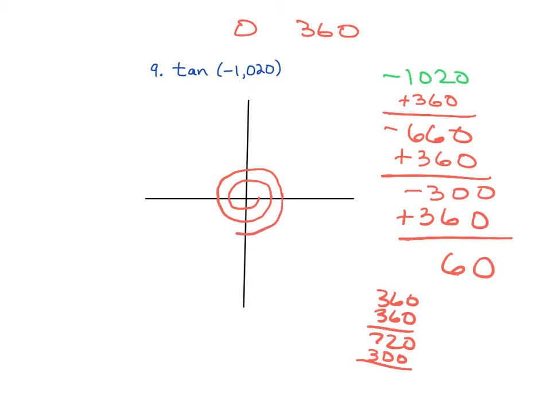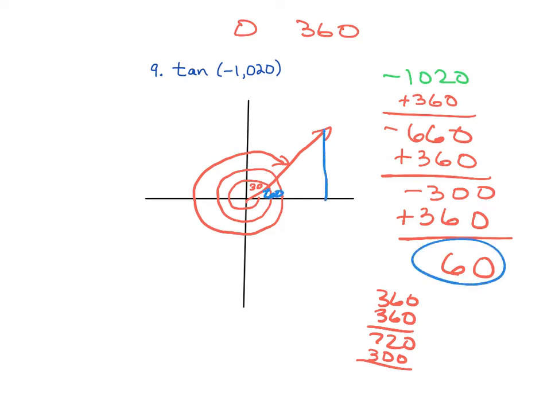So I'm going to go around and then stop here. So this would give me my -1020. So when I did this, I went another 270 plus 30, so this is 30 here. So my reference angle is 60, which is what I got here.